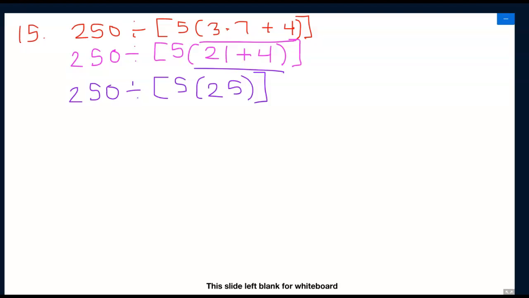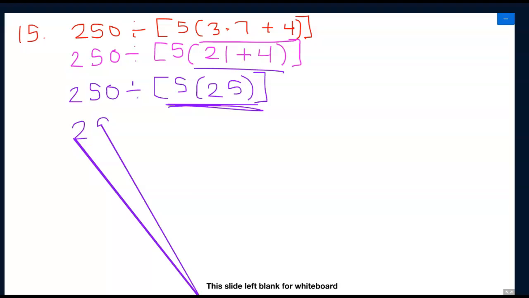Now you're going to multiply the inside. So these are in a bracket. A bracket is like a parenthesis or a grouping function. So you have to do 5 times 25 before division, even though the division is to the left, since the multiplication is inside the parentheses. Whoops, sorry, I put my hand on the screen.